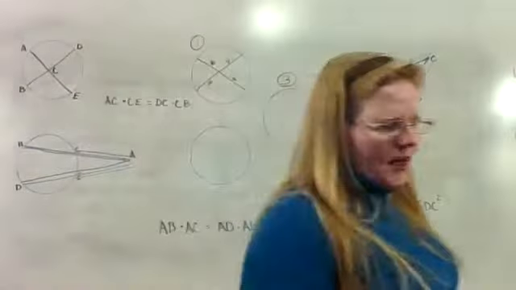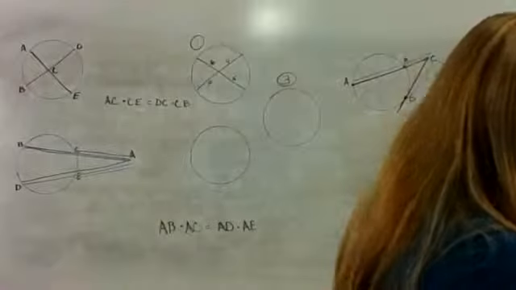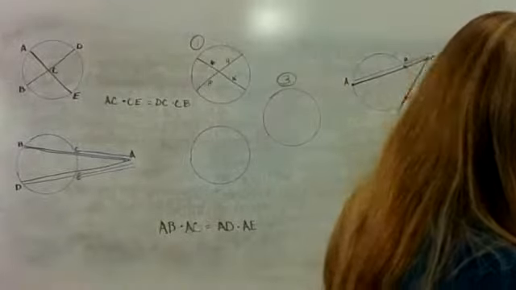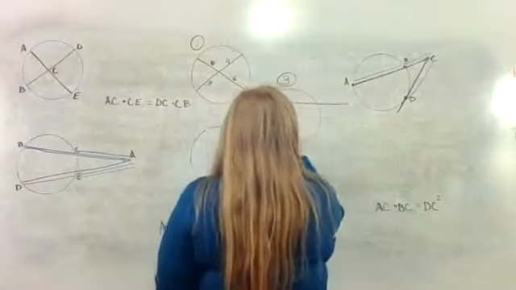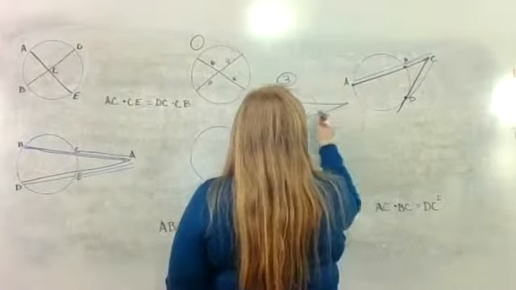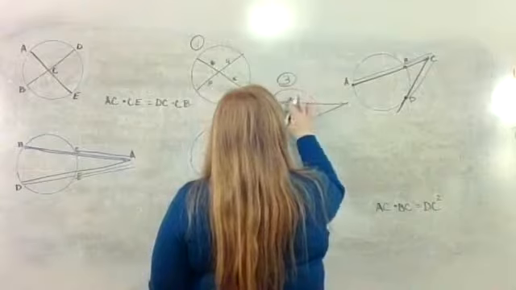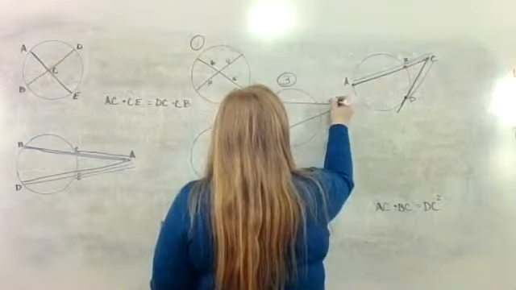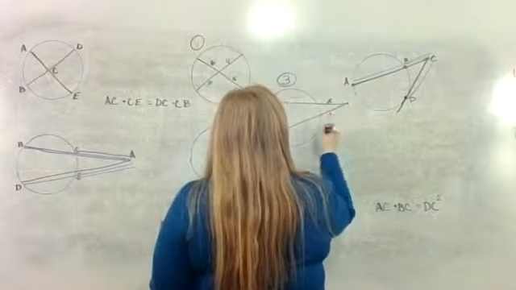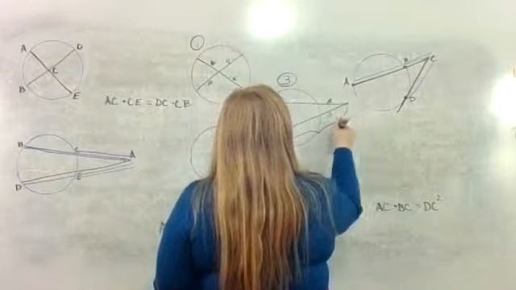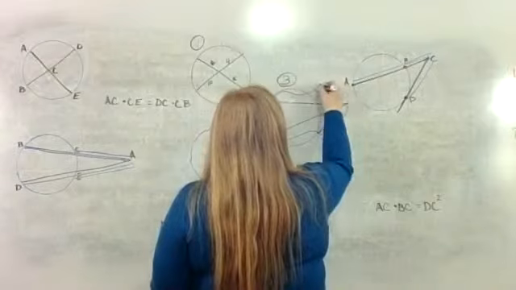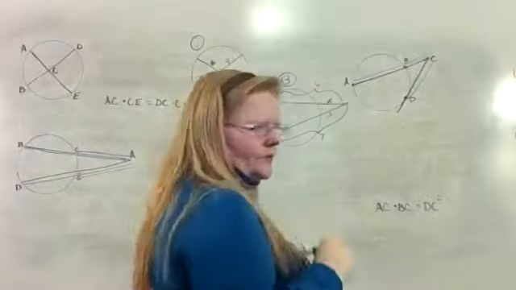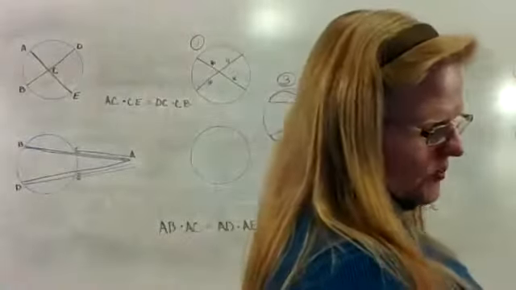Number 3 had 2 secants outside, 6, x, 3, 7, 6. Right? That's what I'm saying.